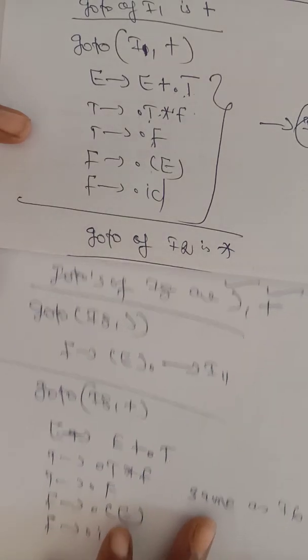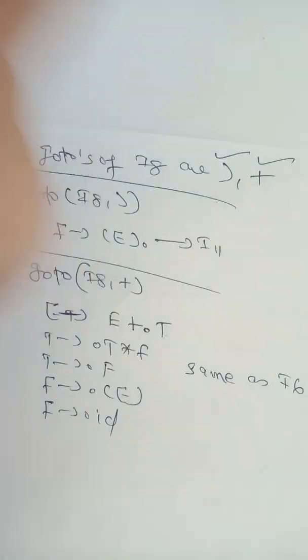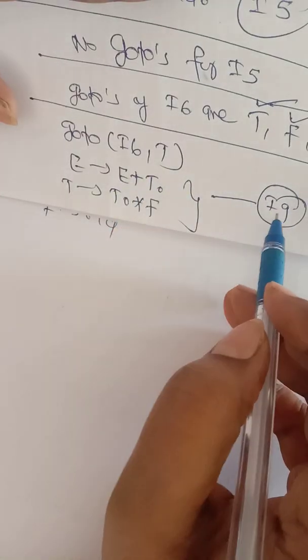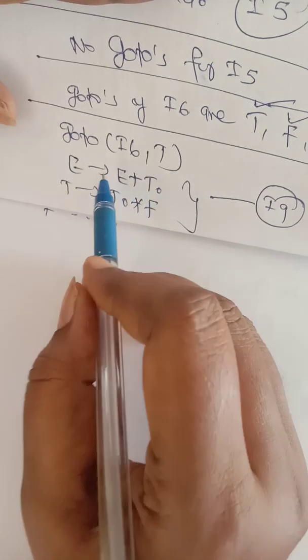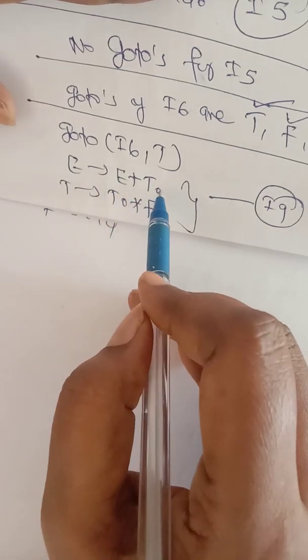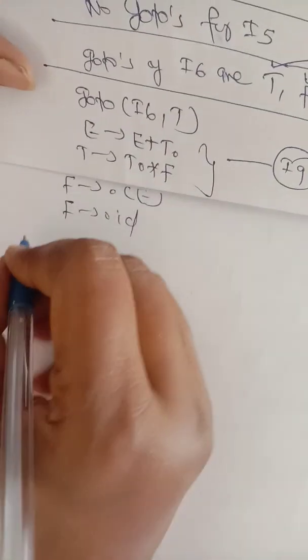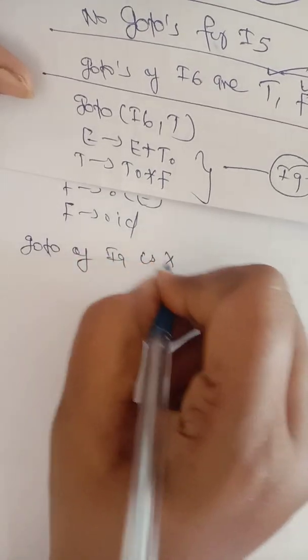And next we have to check go to for I9. Where we are having I9, go to of I9 is only star, because here we are having two productions. In the first one there is no more value after dot. In the second production we are having star. So go to of I9 is star.